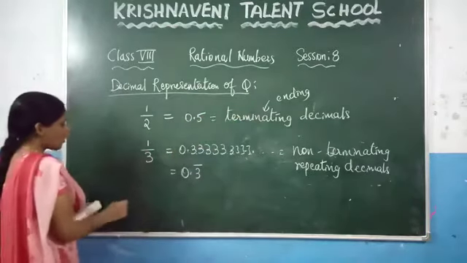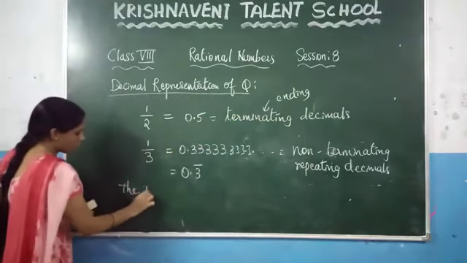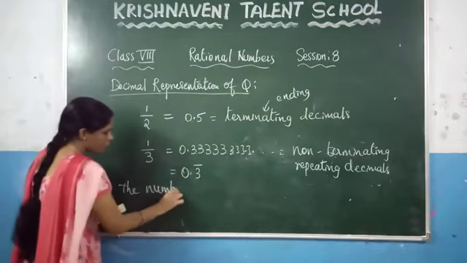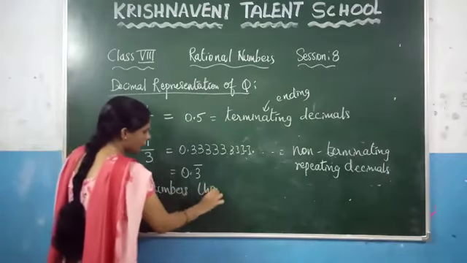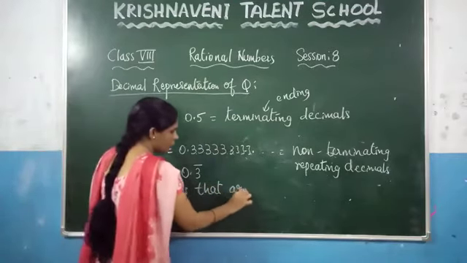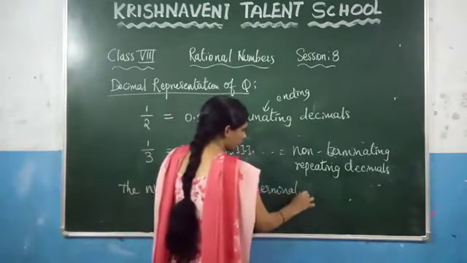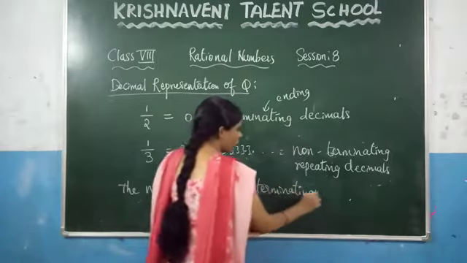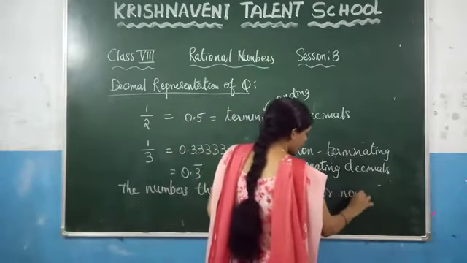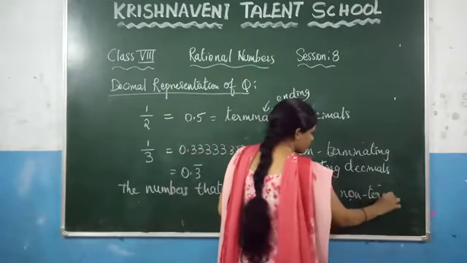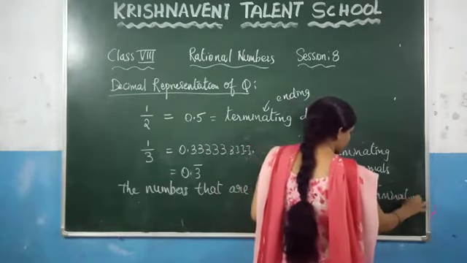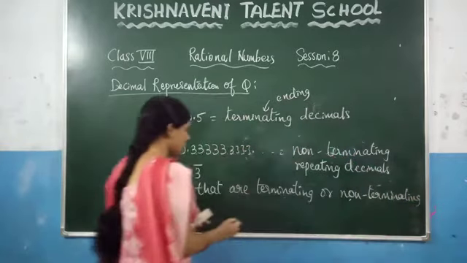So how do we define the numbers that are terminating or non-terminating repeating decimals?